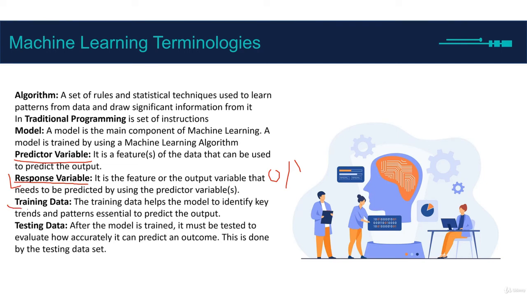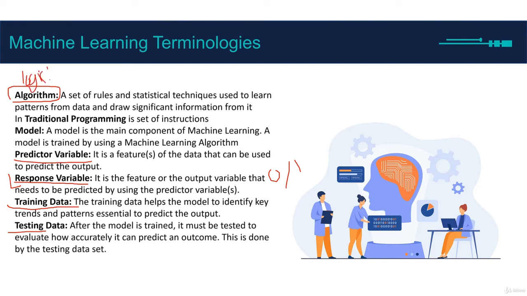The training data is the first 8,000, and the testing data is the last 2,000. Maybe I can change it, but for simplicity I'm going to make the training the first 8,000 and the testing the last 2,000. And the algorithm that I chose was logistic regression.